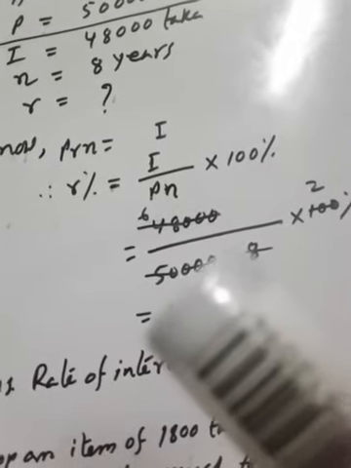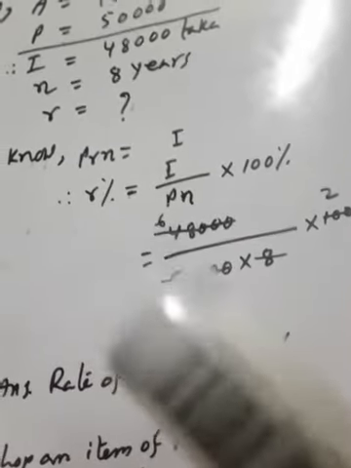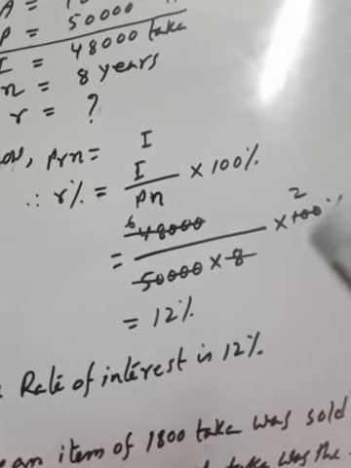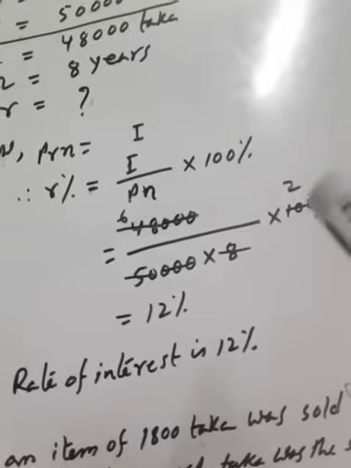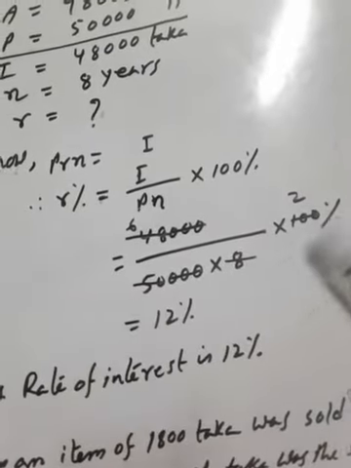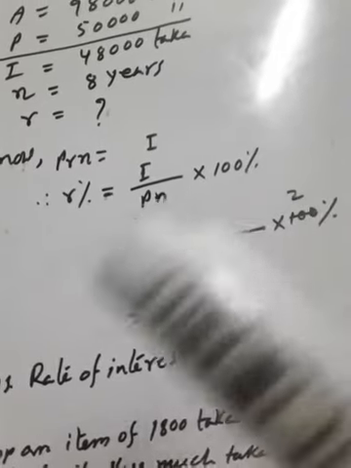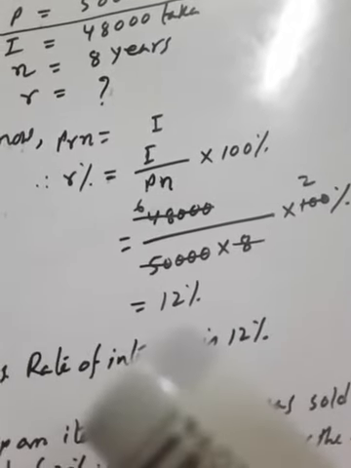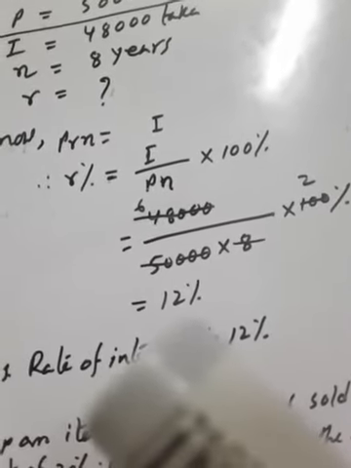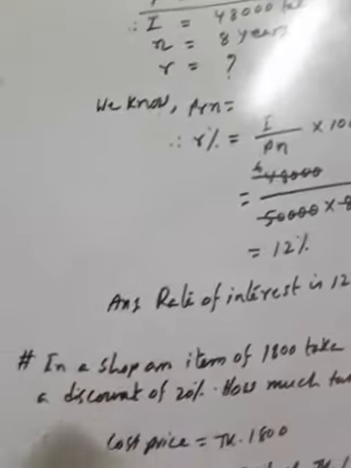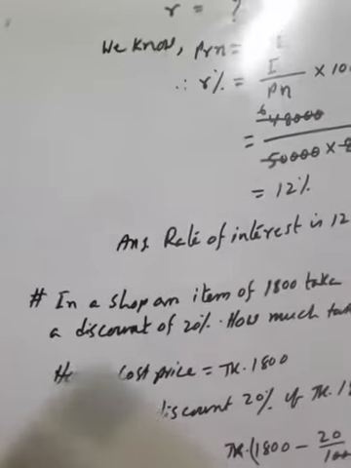Now we are getting 48. Here divided by 8, 6, and this is 50, 100 divided by 50, 2, and 2 multiplied by 6, 12%. Rate of interest 12%.